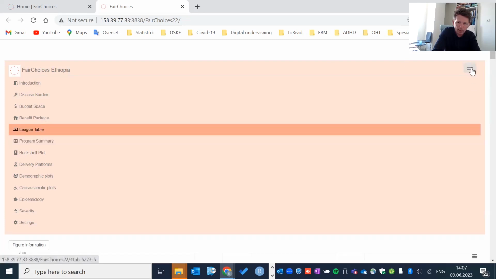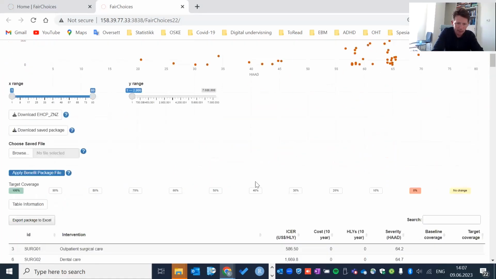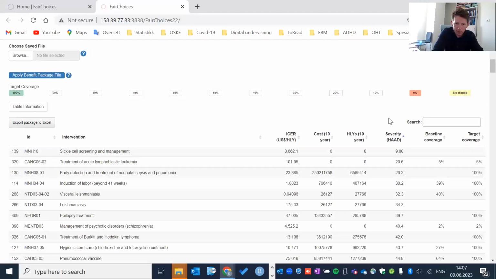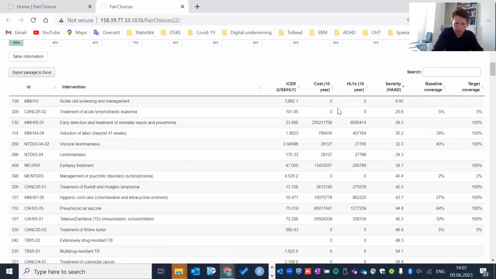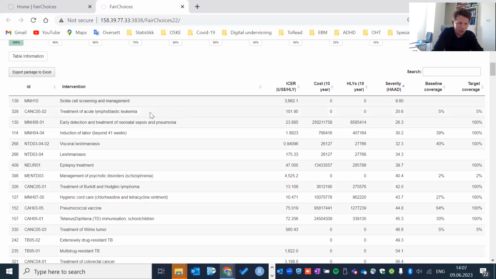And then we can go back to the league table, and since I mentioned the healthy adjusted age at death metric, we can try to rank order the interventions by the severity of the conditions that they target. And you see, you get information. So this sickle cell disease has a HUD of 9.8, and acute lymphoblastic leukemia has a HUD of 20.6, and so on.